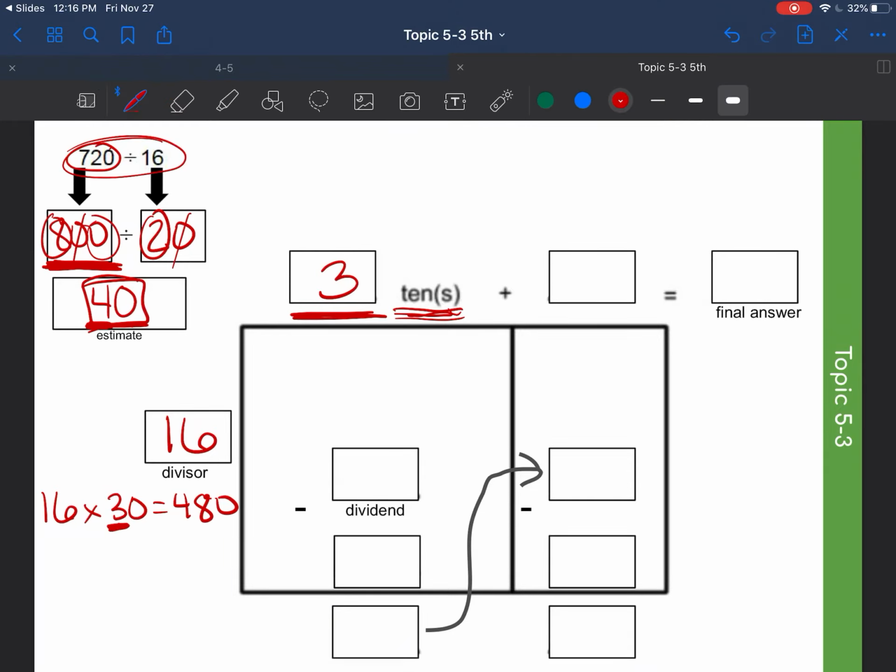Okay, so it's 720. So that's 480. But let's see if we can get a little bit closer. So 16 times 4, that will give me 24. That will give me 640. Okay, let's maybe try 16 times 5. Okay, so that will be 5, 6, 7, 8. That will be 800. So that's too much.